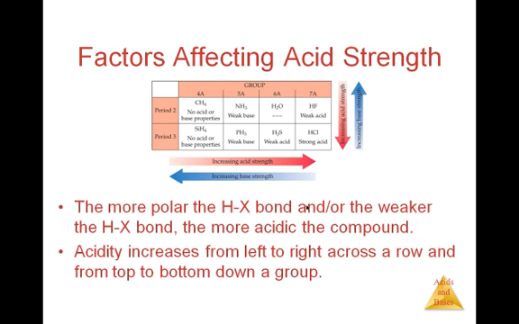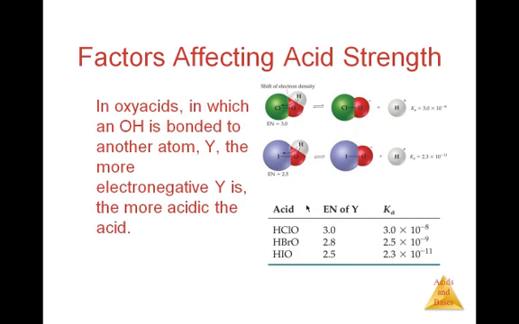Don't forget, the more polar the hydrogen-anion bond, and or the weaker the hydrogen-anion bond, the more acidic the compound is going to be. Acidity increases from left to right across a row and from top to bottom down a group. In oxyacids, in which the OH is bonded to another atom, Y, the more electronegative Y is, the more acidic the acid.